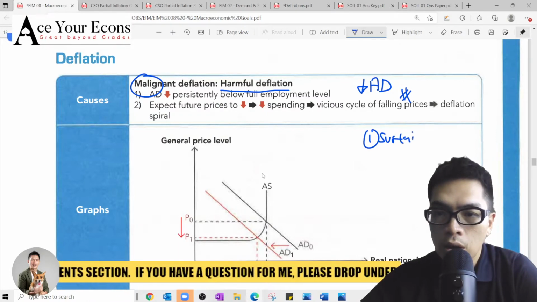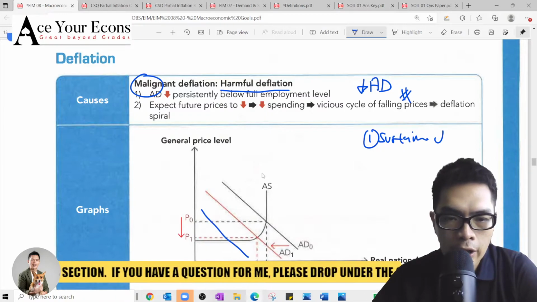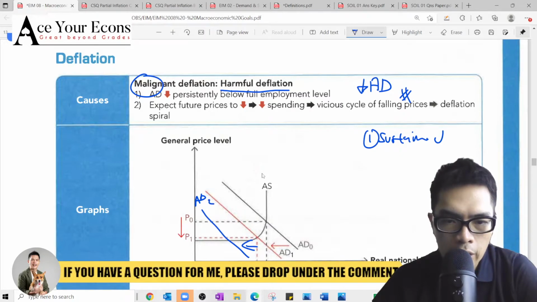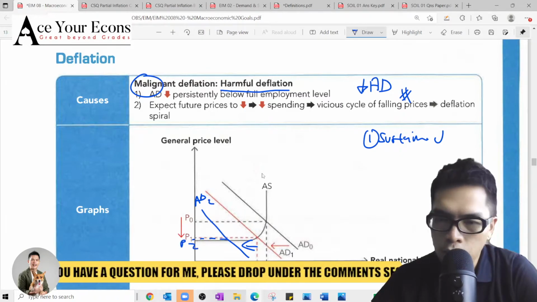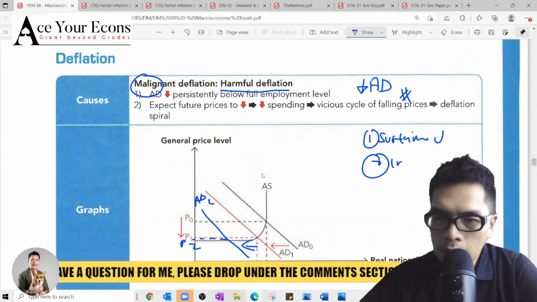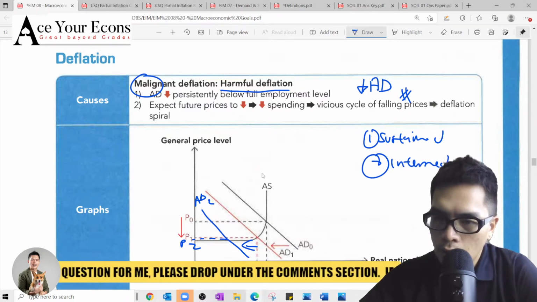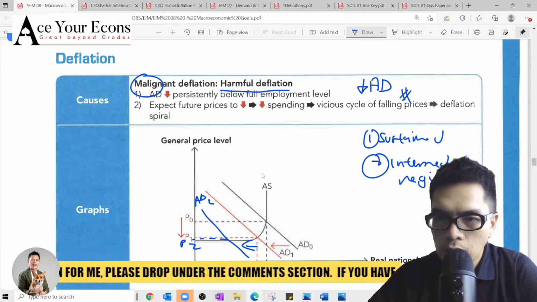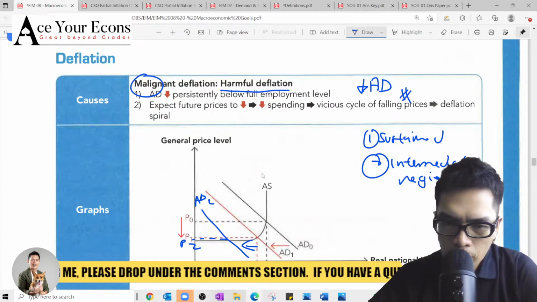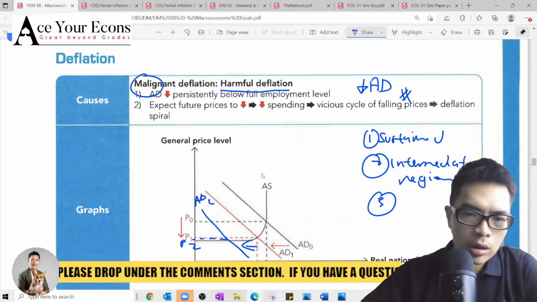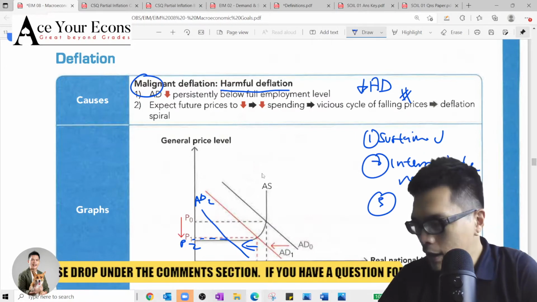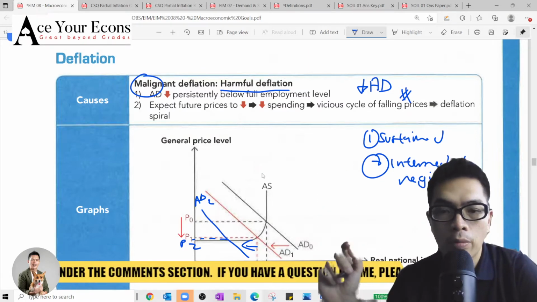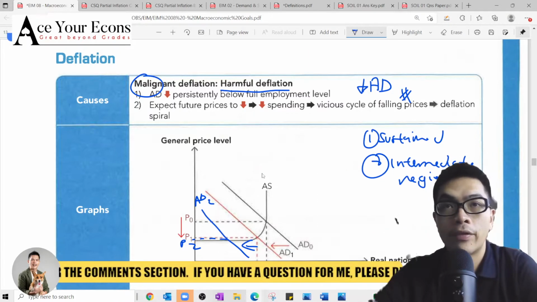Sustained. So if you want to draw another shift, be my guest. Show another round of AD falling and another round of price level falling, sure. You can keep it at the intermediate region. I don't think schools are going to test you on illustrating why the general price level goes down.